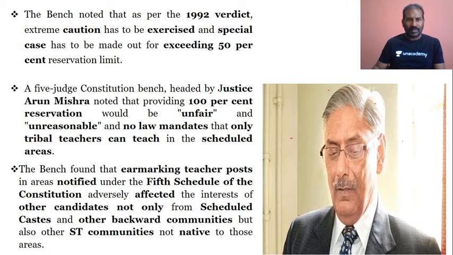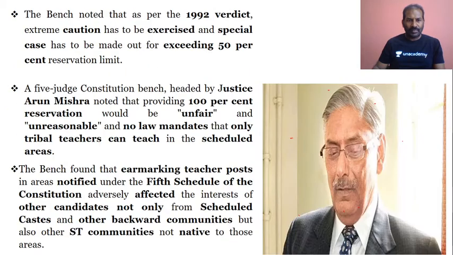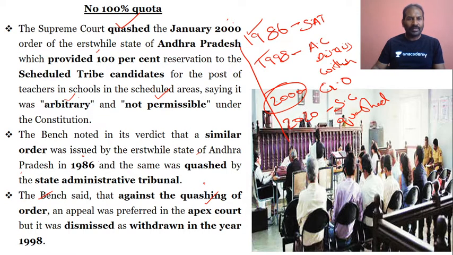I wanted to underline that word, what the court has said, verdict, Supreme Court has said. Because the Supreme Court also was talking about equality. It is against the equality, providing 100% reservation.